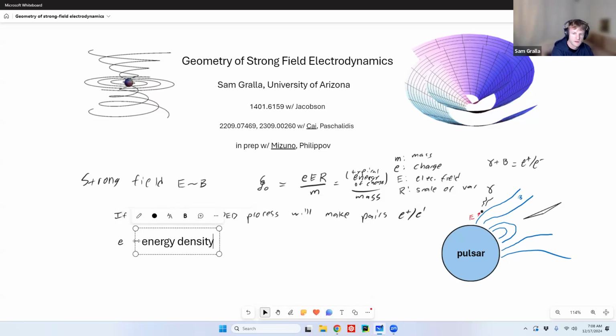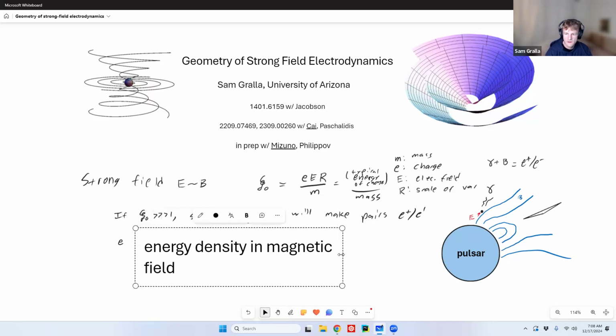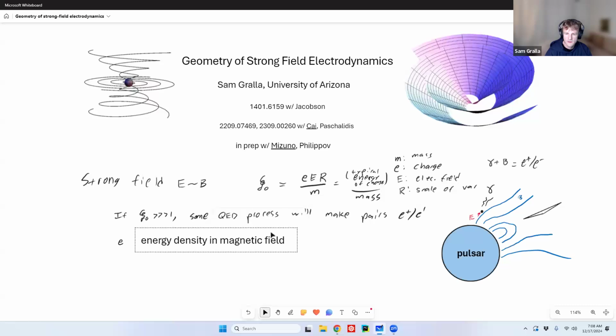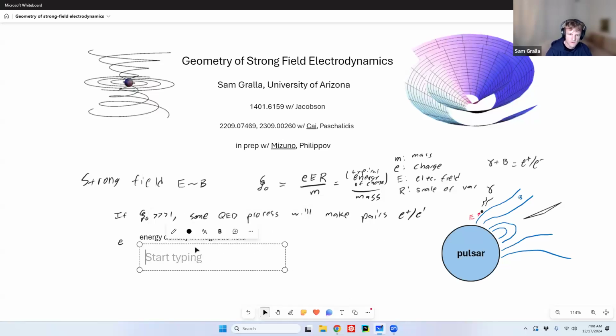So this includes the rest mass when I say energy density in the plasma. There's my ratio of these two things.